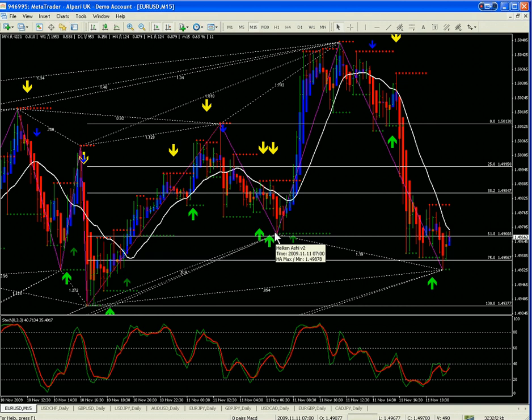The impulse corrective wave retracement theory tells us that we need to have price go back into that level before we can have some assurance that price will respond either positively or negatively to this high.